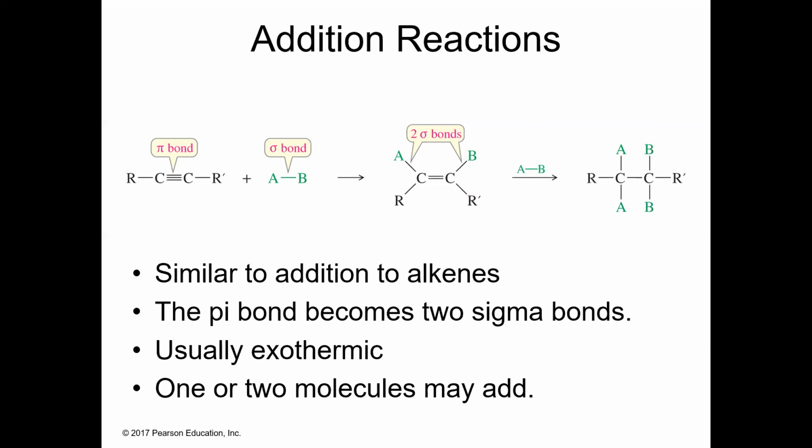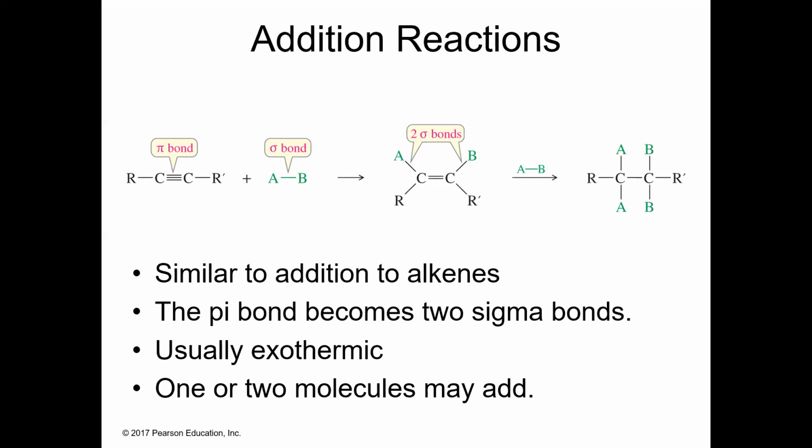Next, we're going to look at addition reactions. Okay, these are similar to the addition reactions of alkenes. The pi bond becomes 2 sigma bonds. Okay, the addition is usually exothermic because the sigma bonds are stronger than the pi bond.